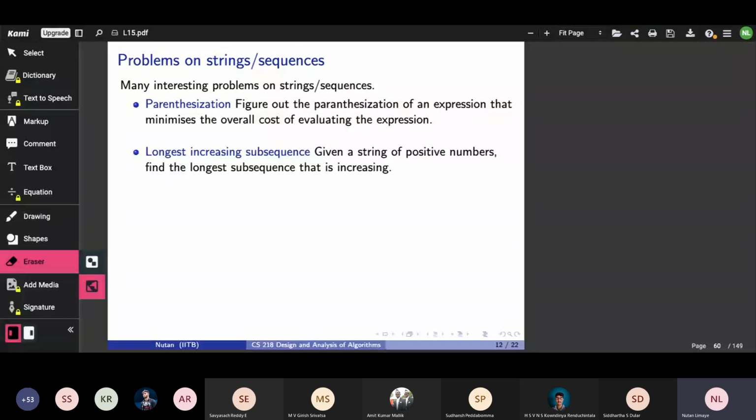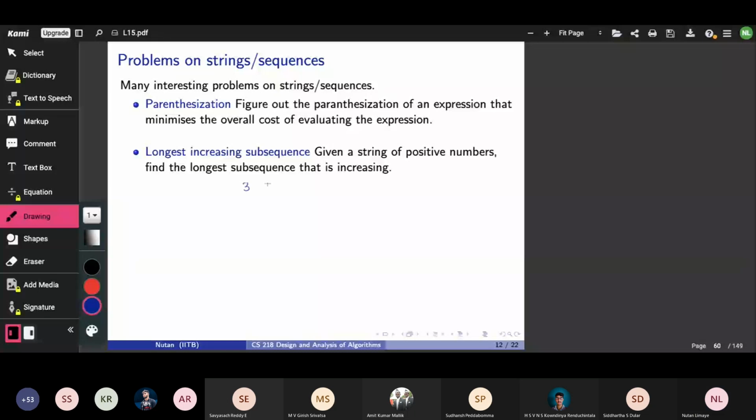So for example, I have certain numbers given to me. Okay, so you may find multiple increasing subsequences inside this. So suppose I decide to start with 3, then I take 7 into account, then I have this increasing subsequence.